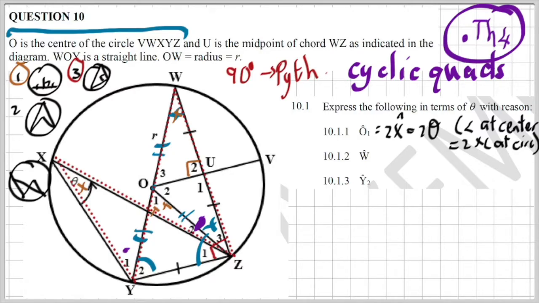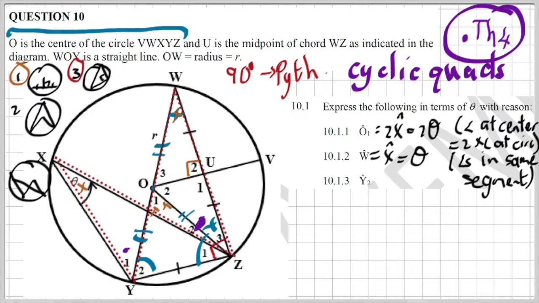Then when we've got W, how does W relate to X, or to theta, I mean? I'm so used to solving for x that I want to bring x in here. Well, W is actually equal to X because of angles in the same segment. So in other words, W is also theta.